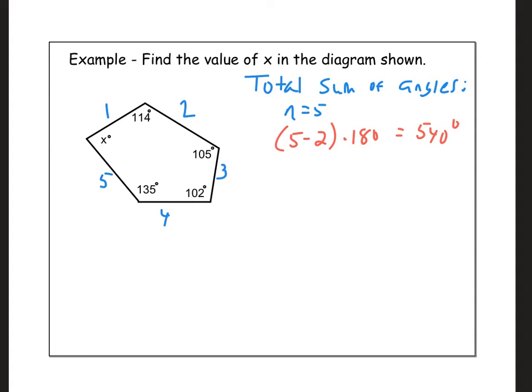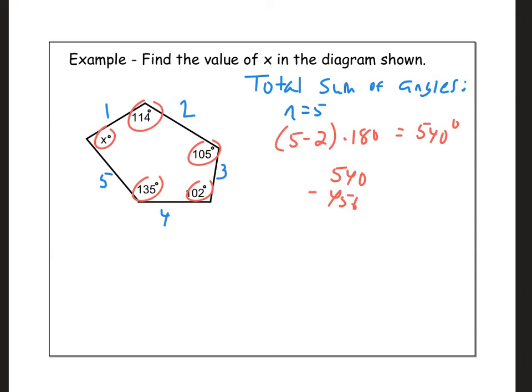So I know that the sum of all 5 angles needs to add up to 540 degrees. So what I'm going to do is just add up the ones that they gave me and subtract that from 540. Adding those 4 up gives me 456. If I subtract 456 from 540, that should give us our value of x, which in this case is 84 degrees.